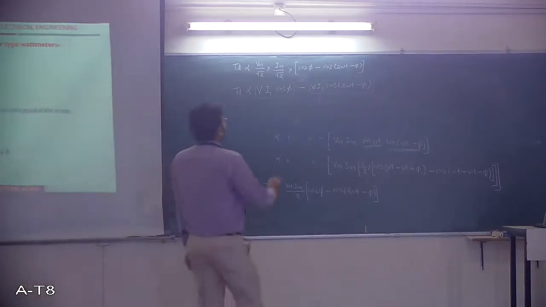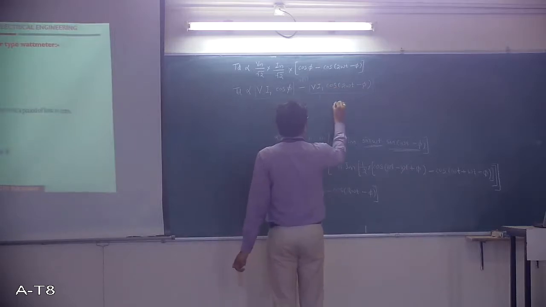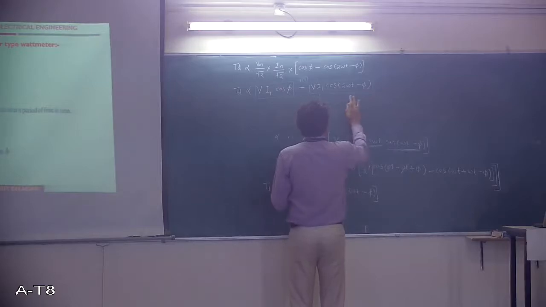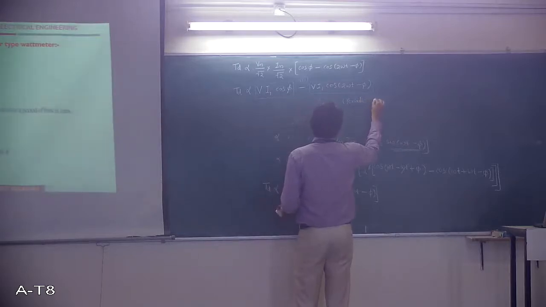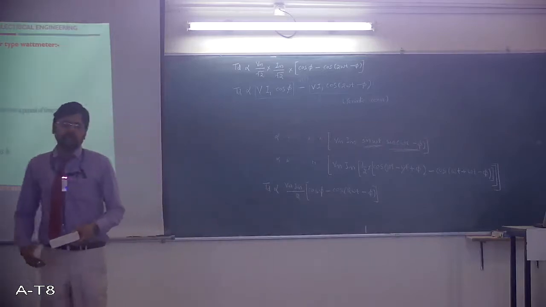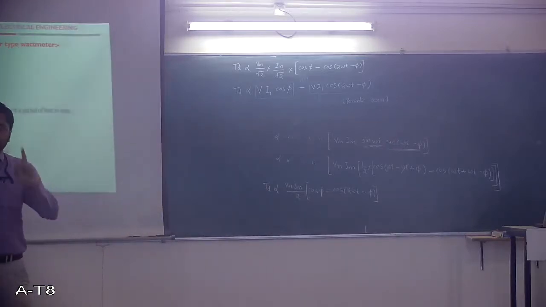This is what you have already proved in basic electrical: the average value of any periodic waveform over a period of time is 0.